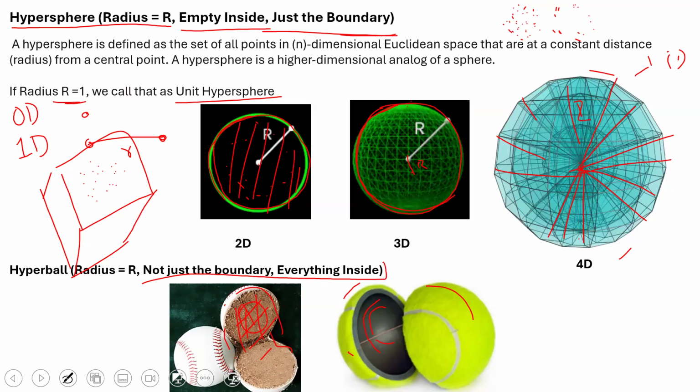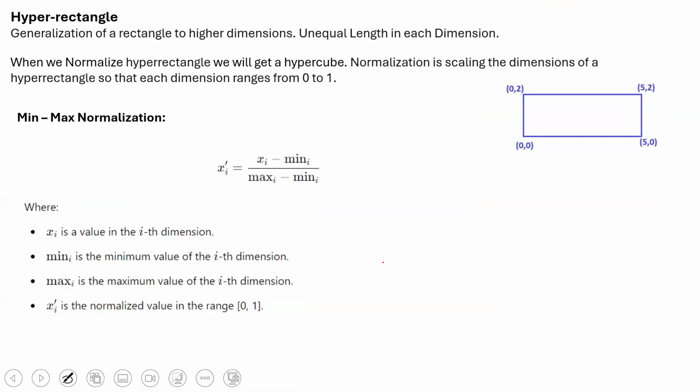It is just an extension to the other dimension and just joining all the vertices. A unit cube is nothing but when the side of each cube is equal to 1, we call that a hypercube. And then we studied the hyperrectangle. A hyperrectangle is nothing but where the lengths are unequal in each dimension.